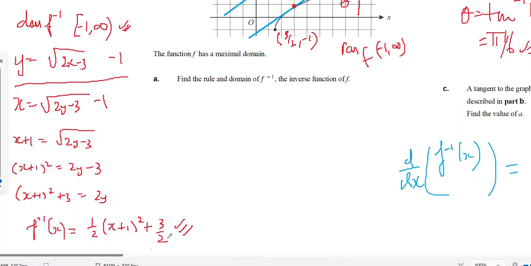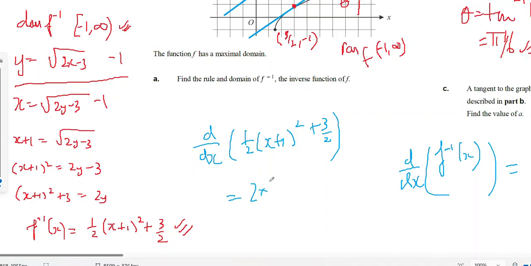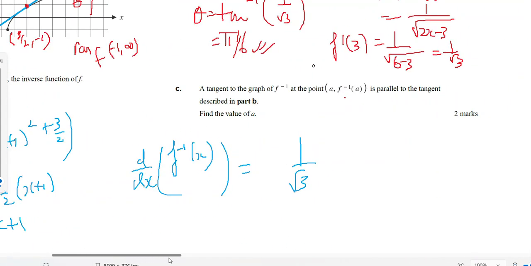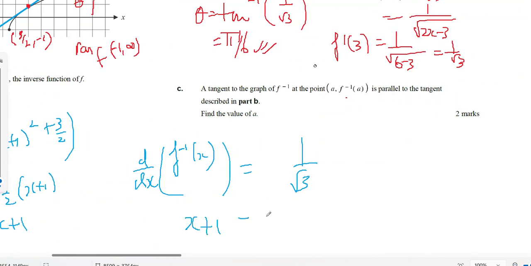So the derivative of 1/2 (x plus 1) squared plus 3 on 2 is going to be 2 times 1/2 times (x plus 1) to the 1, x plus 1. So I'm going to have x plus 1 equal to 1 on root 3. Therefore, x equals 1 on root 3 minus 1. Since the question is asking me for where that is, then a equals 1 on root 3 minus 1.